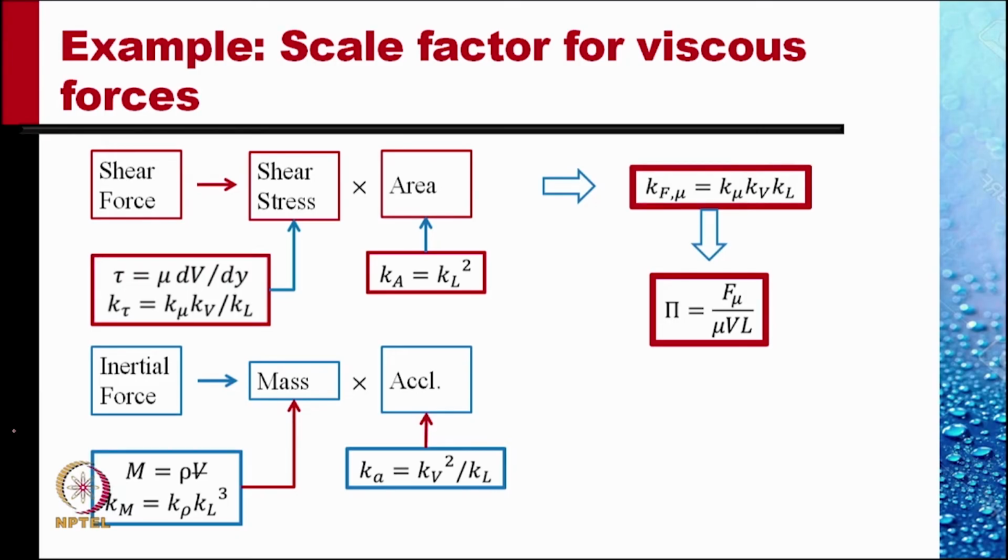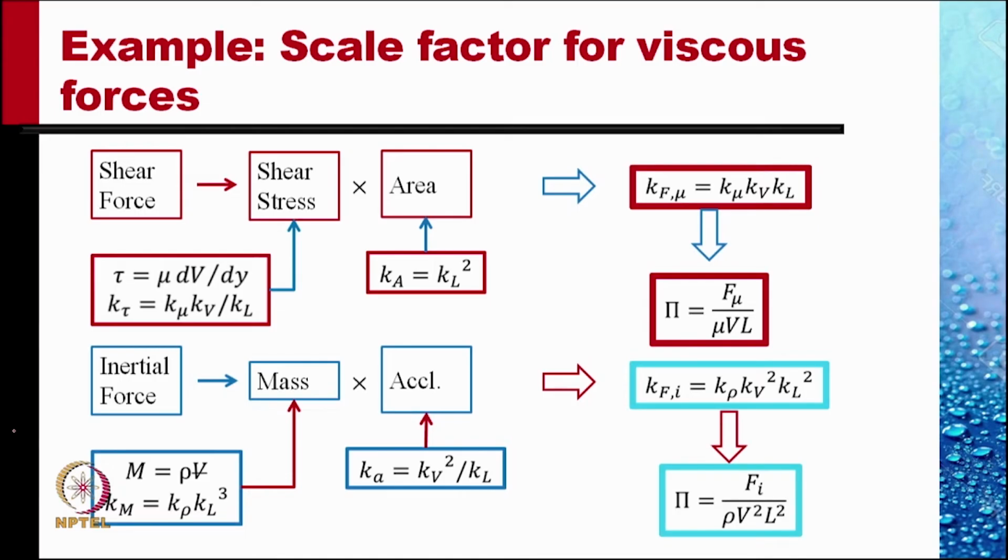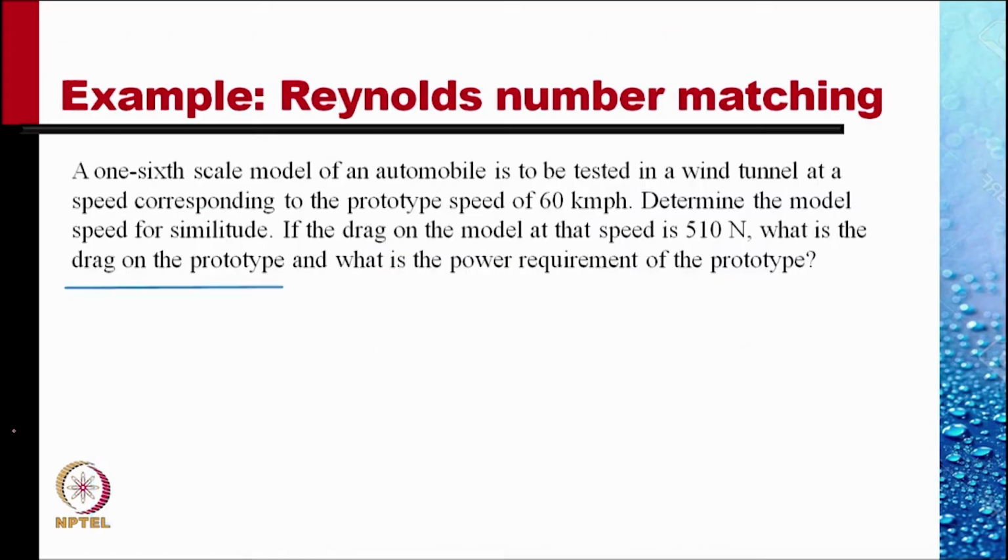This was all done in the last class. From this we obtain Kf inertial is K rho Kv square Kl square, and from this I get the pi number Fi divided by rho V square L square. Now, the two scale factors must be equal. We'll apply this to an example.